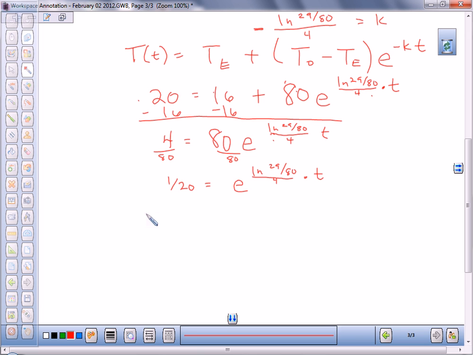What place would you like this? I have 2 decimal places in my answer.